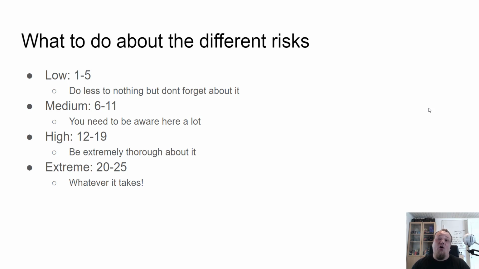However, it's very normal for most companies, or just stores or whatever it is, to have some extreme, some high, some medium, some low. So you just need to be aware of that. Maybe have some extreme risks, but it doesn't mean that's the end of the world. Just be aware of them and make sure that you do whatever it takes to keep them at the extreme, never to be exploited or used.